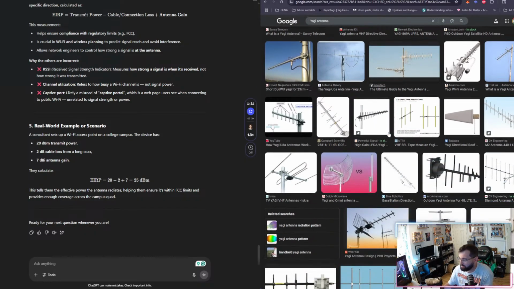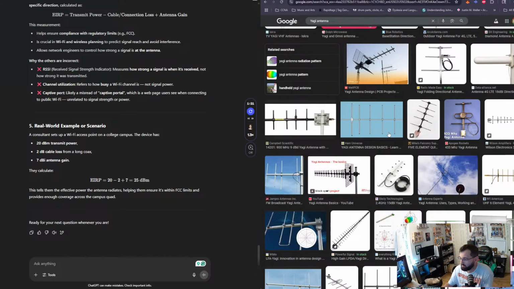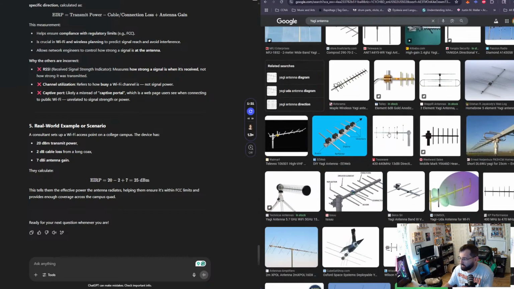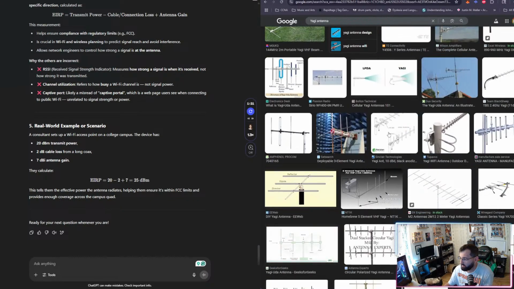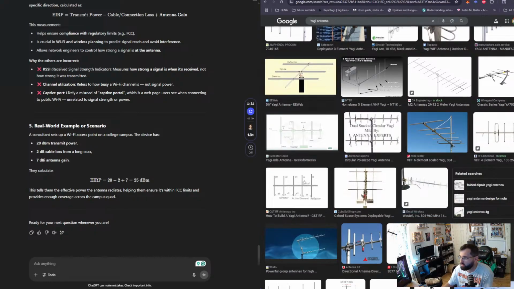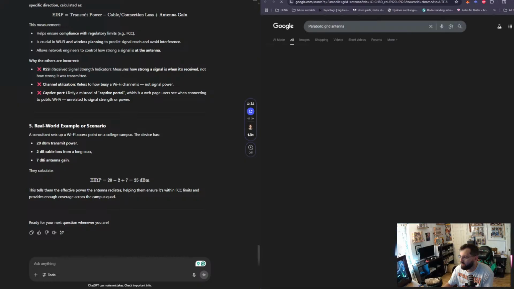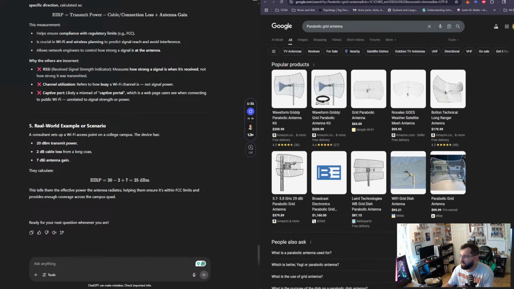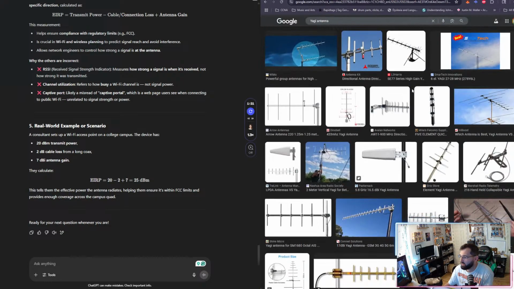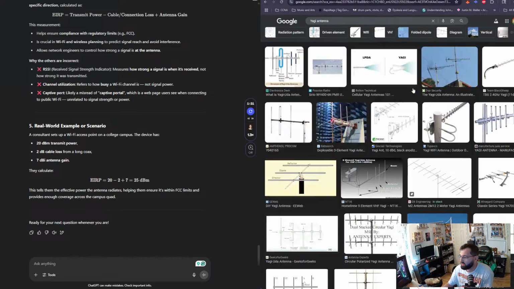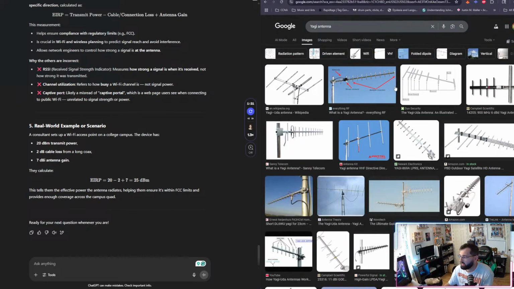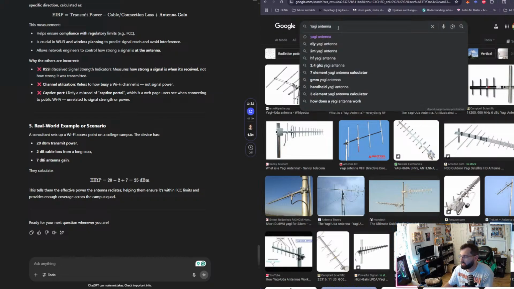When I was a kid, we had this huge one. It basically looked like this, except it was even more massive.